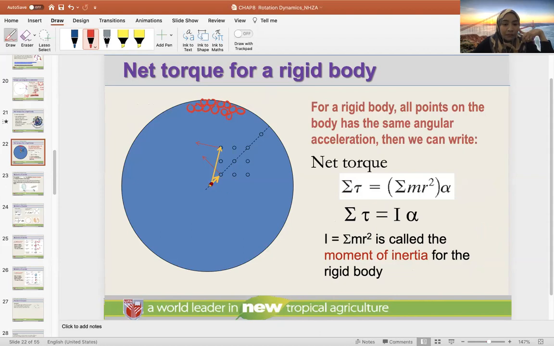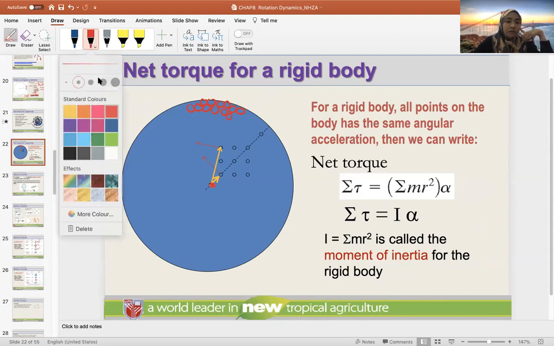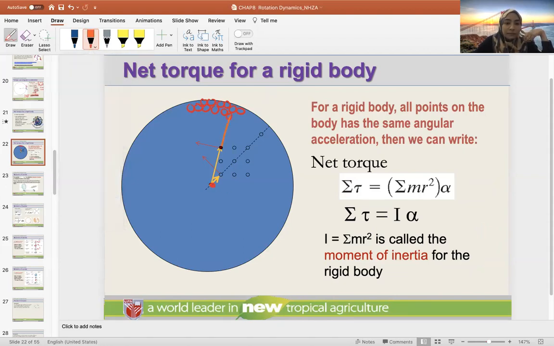And they all have a certain radius from the axis of rotation. So this is R1, this is R2, this is R3. I don't know, maybe it's the same, maybe it's different. So to calculate the torque of the entire particle, of all the particles of that particular circular cylinder, what I do is I total up the net torque, the net moment of inertia.